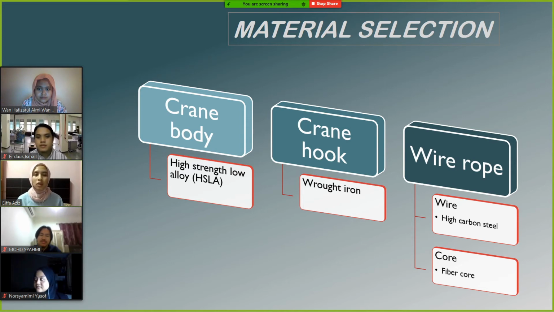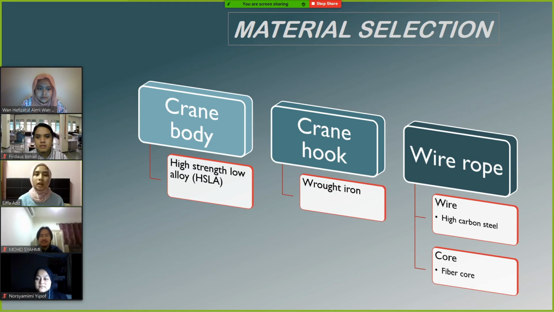It is also more resistant than carbon steels. Next, crane hook. Wrought iron is chosen as the material for crane hook. It can withstand high load without failure. It is also resistant to fatigue. Wrought iron has high elasticity, high tensile strength, and high yield strength. The material deterioration of wrought iron occurs over a long period of time.